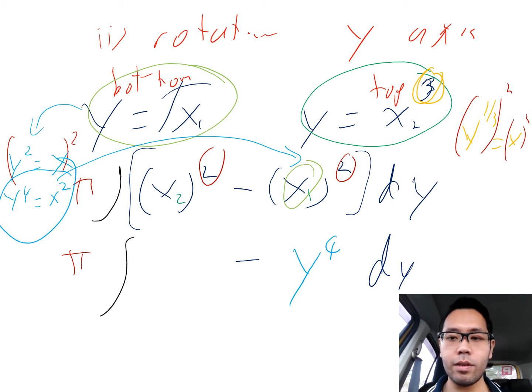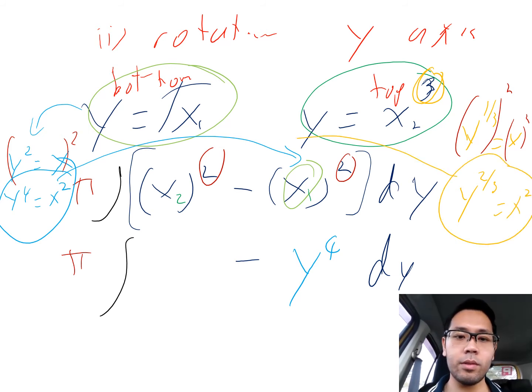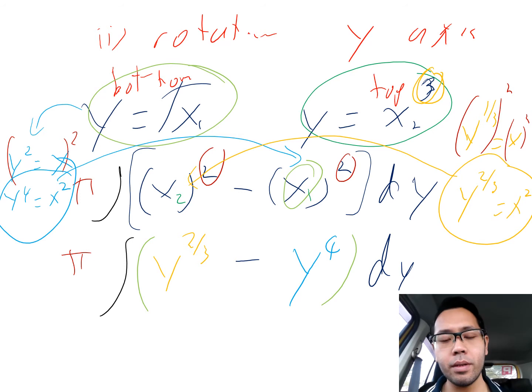So you get y^(2/3) equals x squared. This one you substitute inside there. You guys okay? Very good. And then only you minus and then you integrate. Can you minus this one? You cannot, it's already as it is, and then you integrate it.